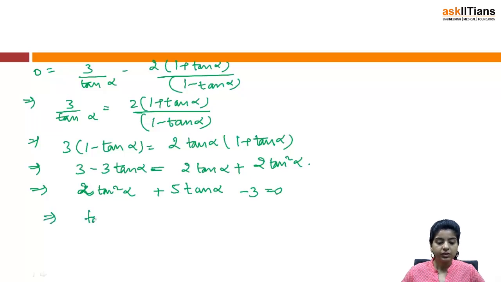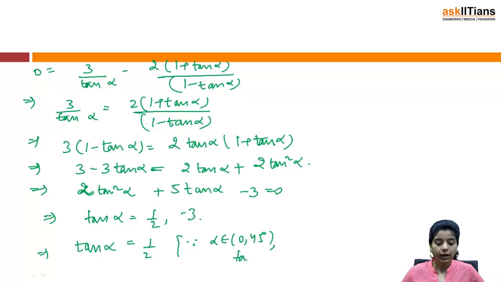So this means tan alpha comes out to be half and minus 3, but this will finally yield tan alpha to be half, since alpha belongs between 0 and 45 degrees.